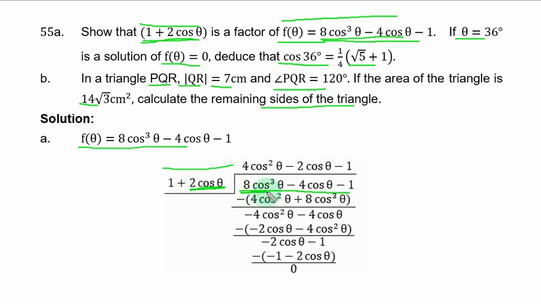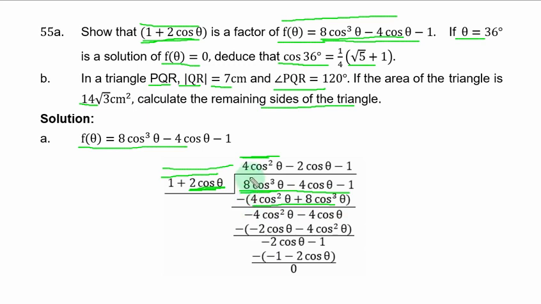So you divide 8 cos cube theta by 2 cos theta. You have 4 cos squared theta. The process is division, multiplication, and subtraction at each stage. So you use this first result to multiply this factor and you have this. Next thing is to subtract.